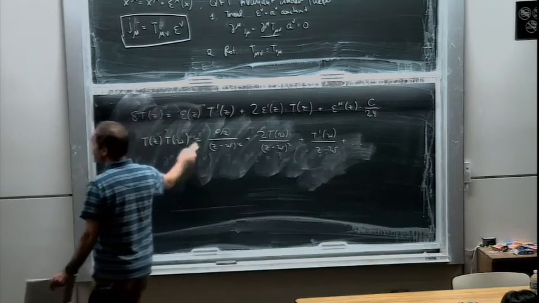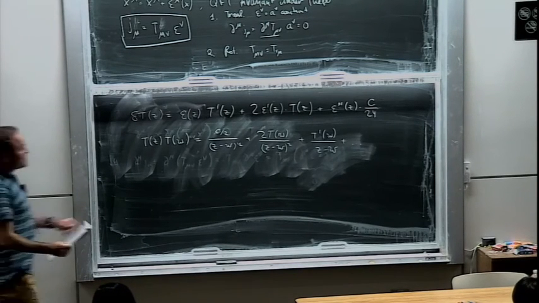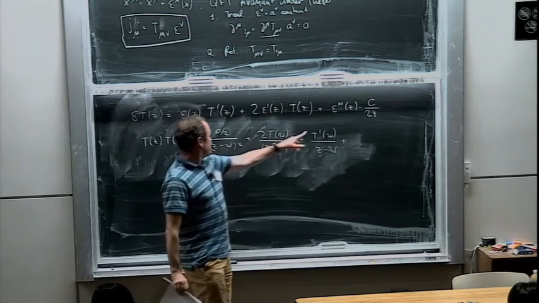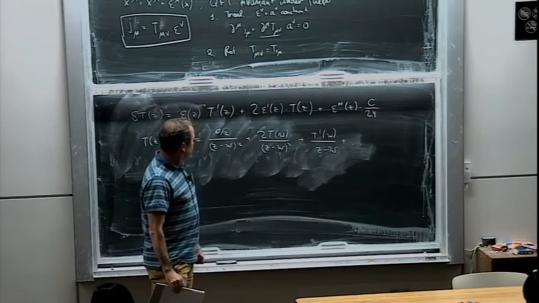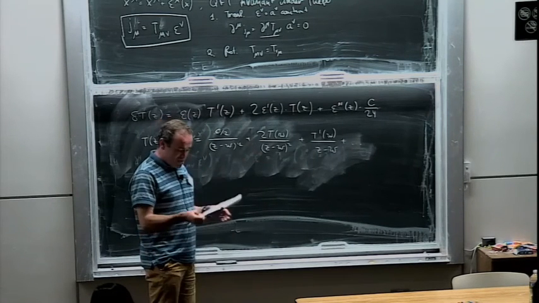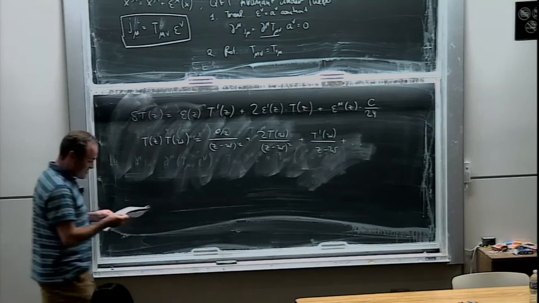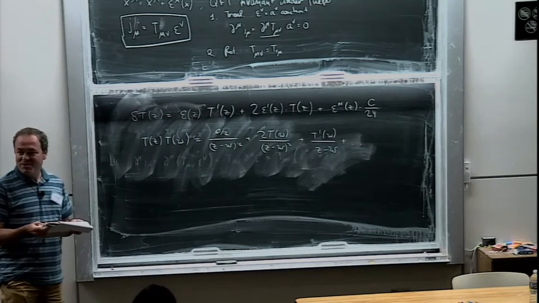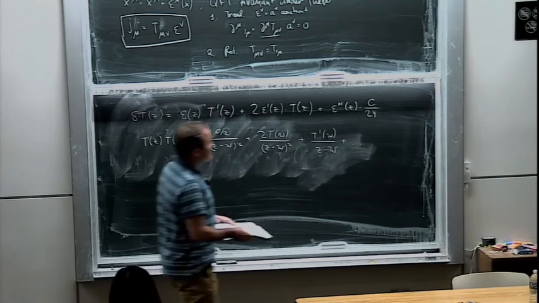You can take this, plug it in here, do this integral by residues, as we always do. And in particular, this guy had better give you this term. You could try and see whether you'll get c over 24 or not. Hopefully, you will. Do you think it's c over 12? I don't know what it is.